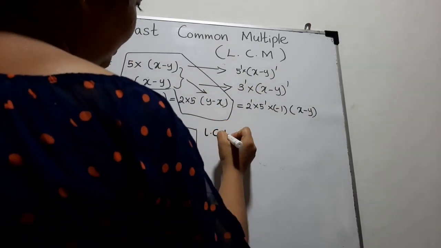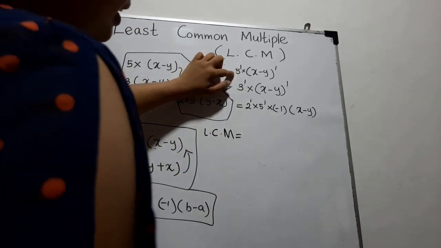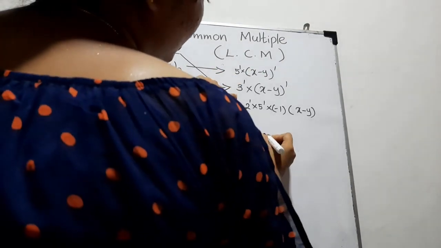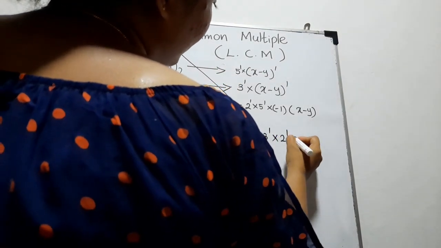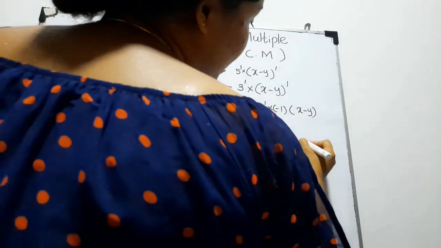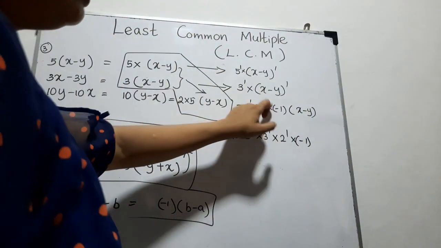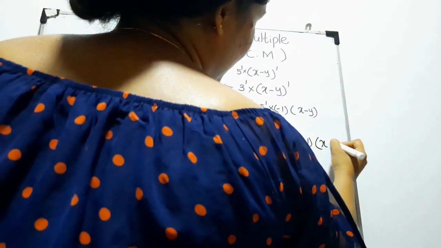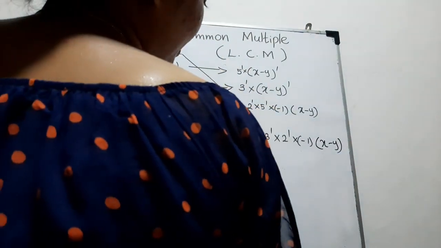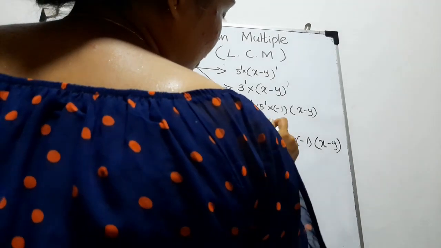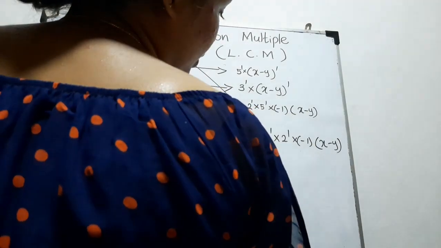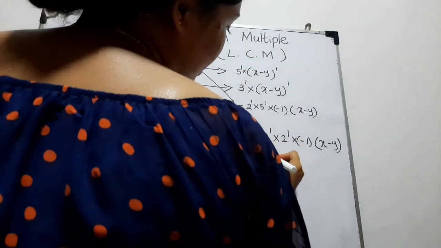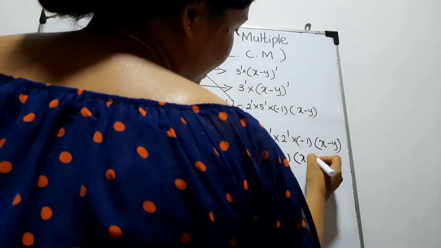Now let's find the LCM. Here when we consider 5, the greatest power is 5 to the power 1. 3 to the power 1. 2 to the power 1. Here we have to take minus 1 also. And the greatest power of x minus y is x minus y. Now let's simplify. 5 to the power 1 into 3 to the power 1 into 2 to the power 1. 5 into 3, 15 into 2, 30 into negative 1 into x minus y.